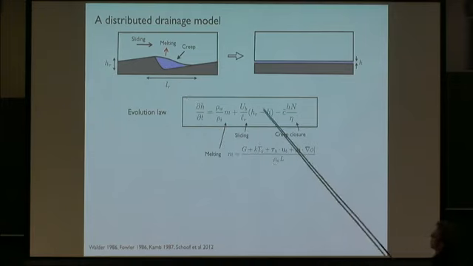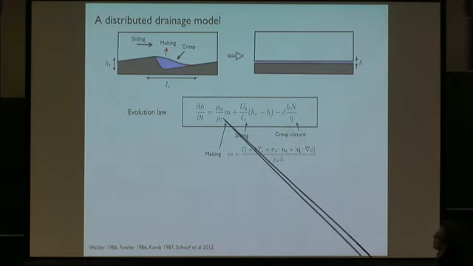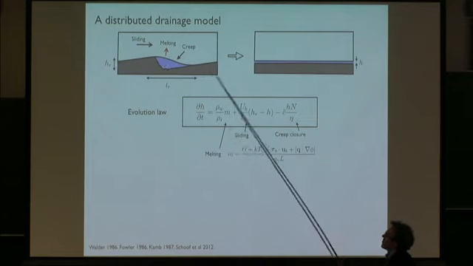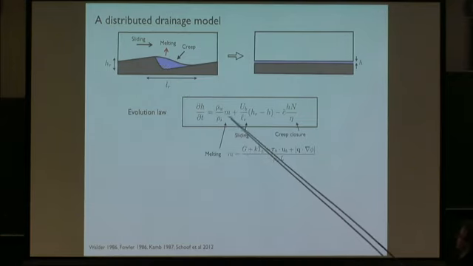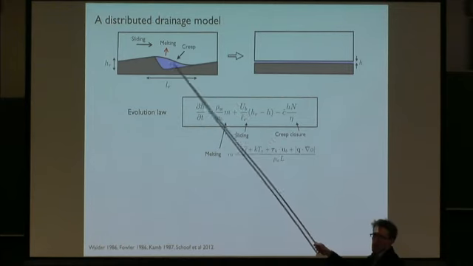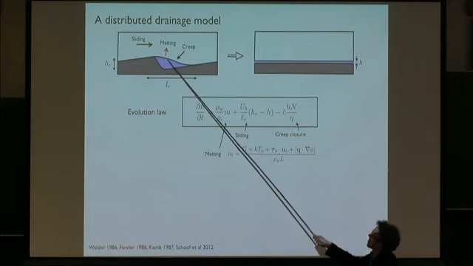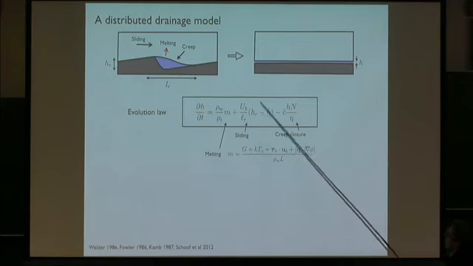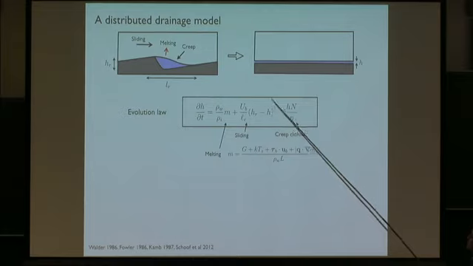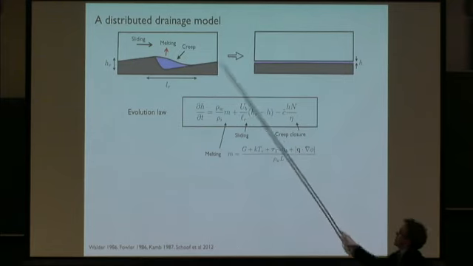And there are three components to this. The first one is melting. So I'm going to melt the ice. And then the second term is the fact that the ice is sliding over this bump. And that makes the cavity get bigger. And so that's what this term is. This is just a parameterization which has got the right behavior. UB is the speed that the ice is moving at.